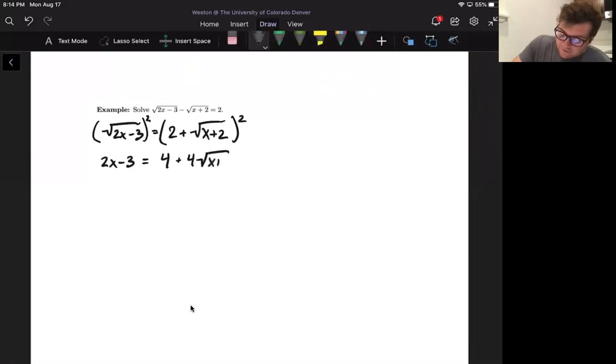We still have a square root of x plus 2, but I actually think this is going to be okay for now. And then the last term becomes x plus 2. And then we combine like terms. We get 6 plus 4 root x plus 2 plus x.